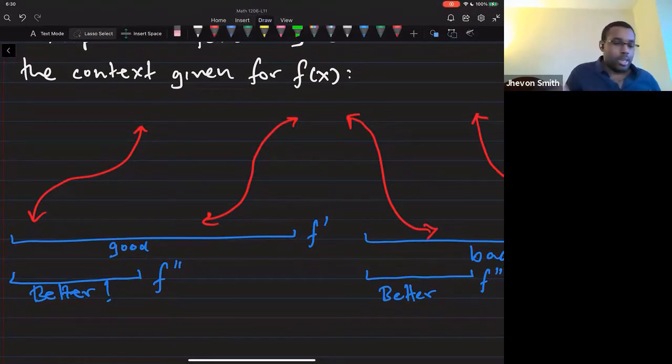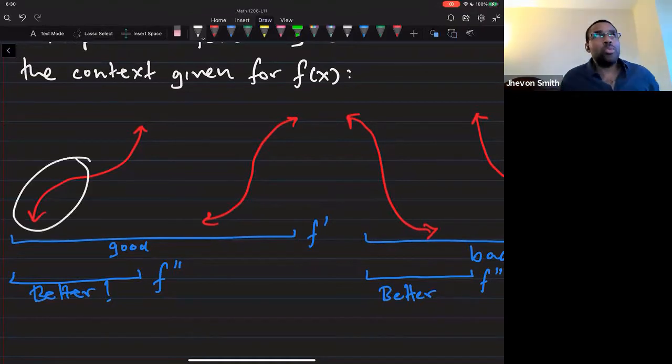However, in the beginning, like over here, profits were increasing, but they were increasing at a decreasing rate. So it's like, yeah, we're making money, but things are kind of slowing down. We made less money this week than we did last week. We're still ahead, but something might be on the horizon.